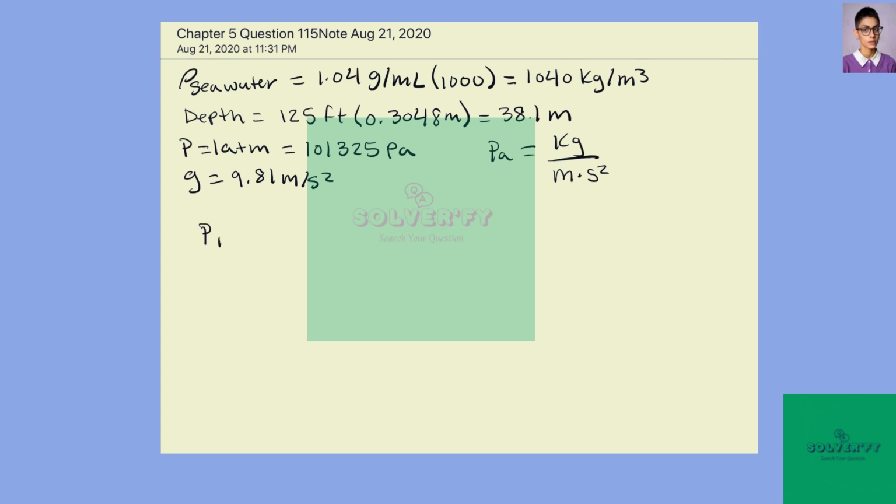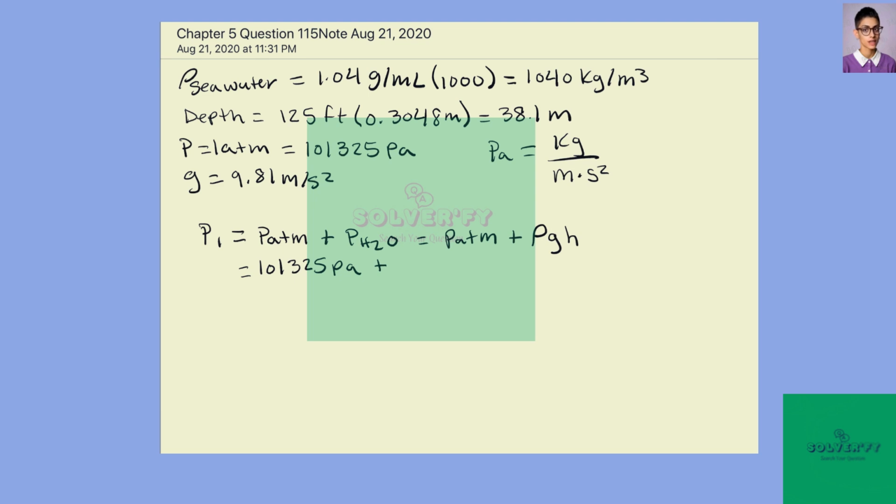So P1 is going to equal the atmosphere pressure plus the pressure from the water. So we know that 1 atmosphere is 101,325 pascals. And this is also like saying the pressure of the atmosphere plus the density, gravity, and the height of the water.